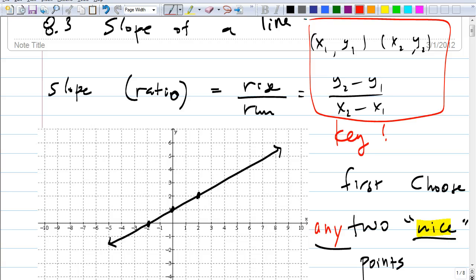So for example, let's pick 2 points. Which one should I choose in this case? You guys choose. Let's just choose 2 points that we picked as nice points. We got 3. Let's just pick 2 of them. Which one would you like to choose? 4, -3? 4, -3 is down here.